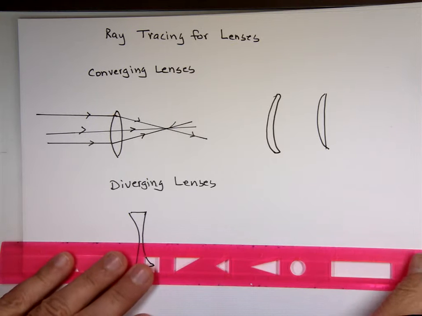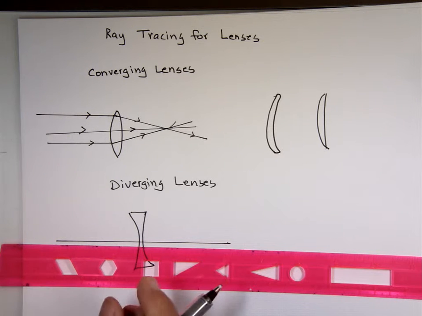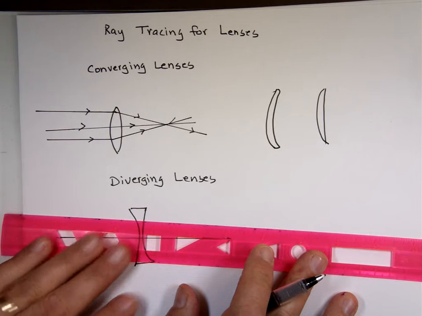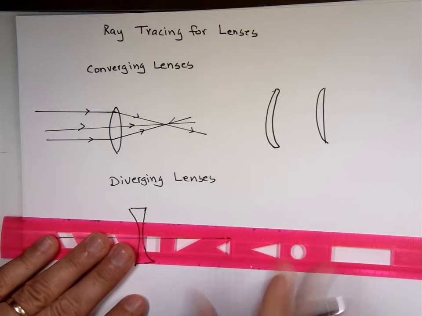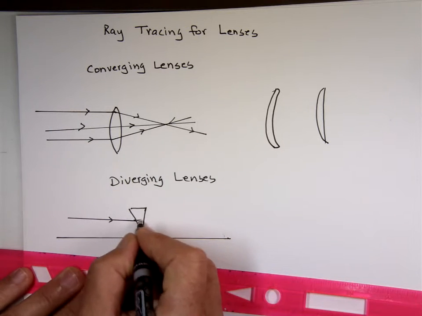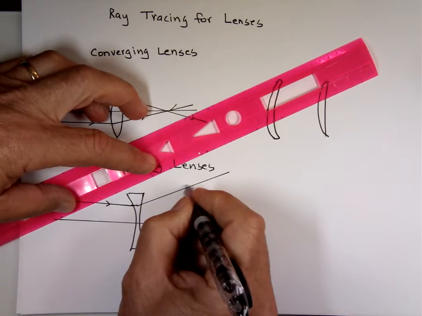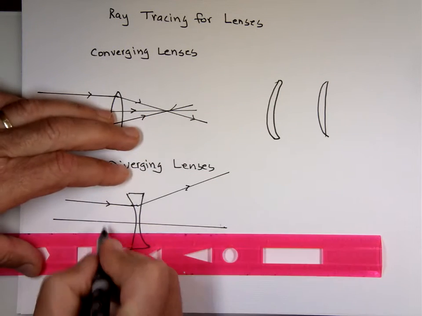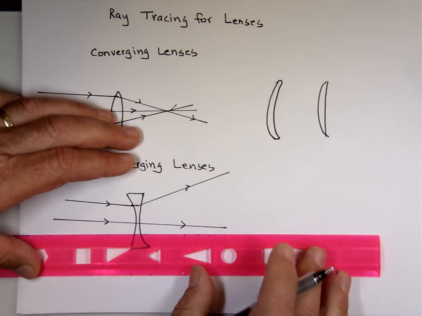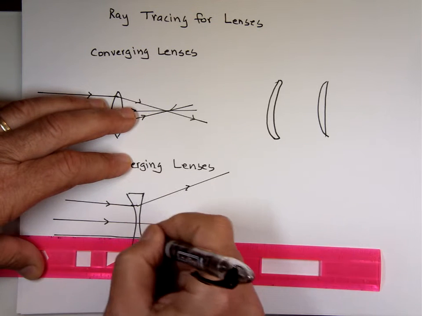So when you graph that, the reason they call them diverging lenses is that when the light hits that, instead of meeting this way, they bounce like this. So they never meet, they diverge, they go away.